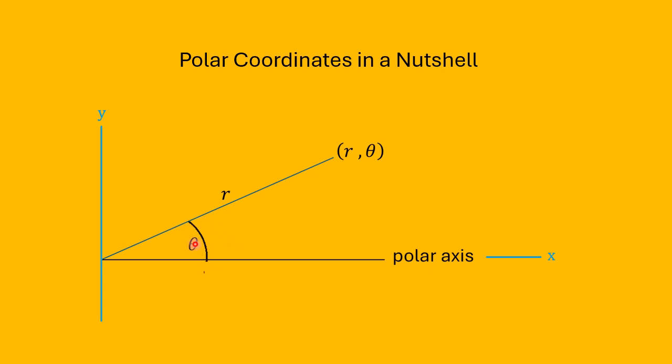Often we want to compare polar coordinates with rectangular coordinates. In that case, the most common thing that people do is to let the positive x-axis be in the same direction as the polar axis, and in fact on top of the polar axis, and the y-axis is perpendicular to that x-axis.